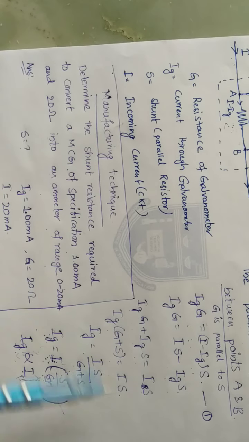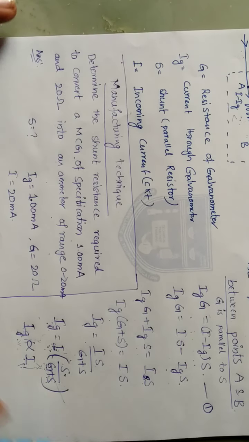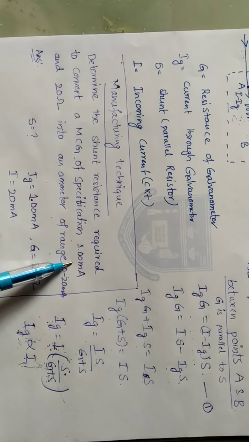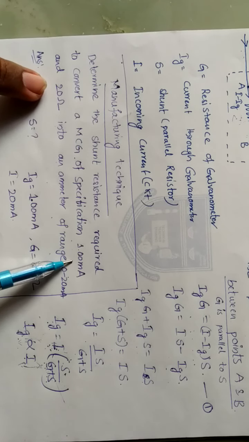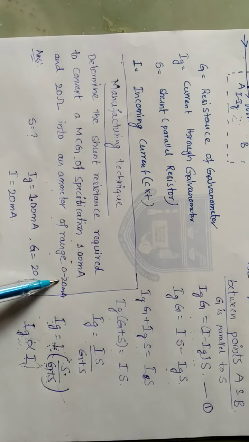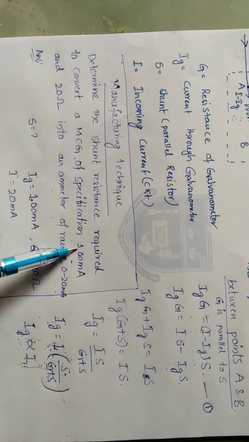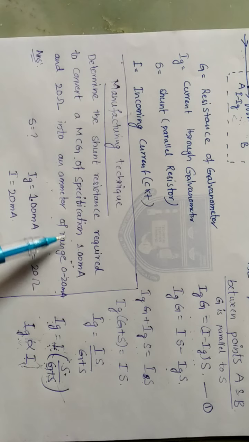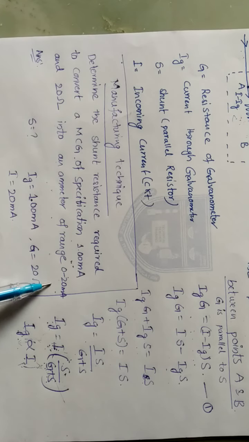The galvanometer's maximum allowable current is 1 milliampere, which is very small, and its internal resistance is 20 ohms. We need to convert it into an ammeter which can measure up to 20 milliamperes.